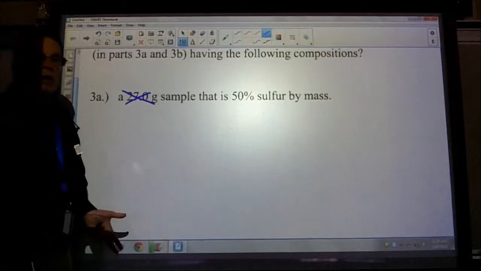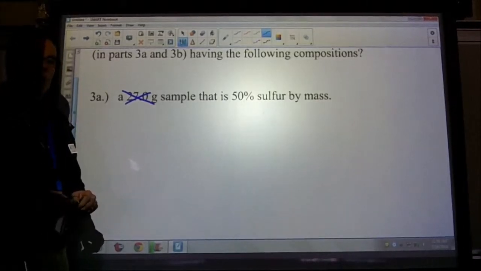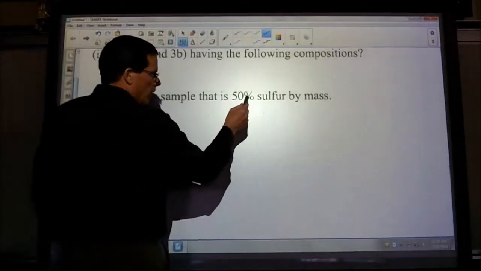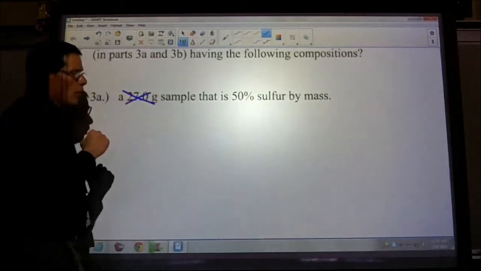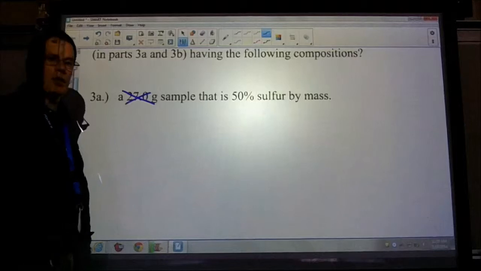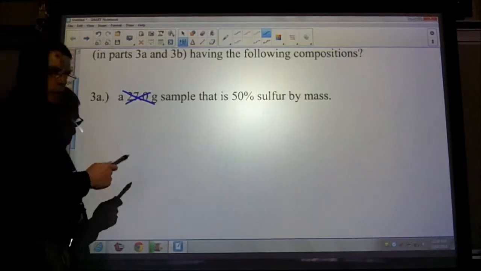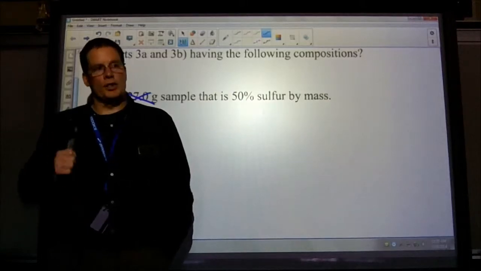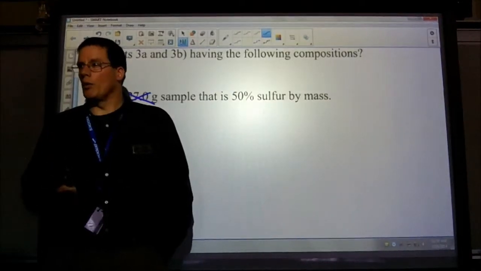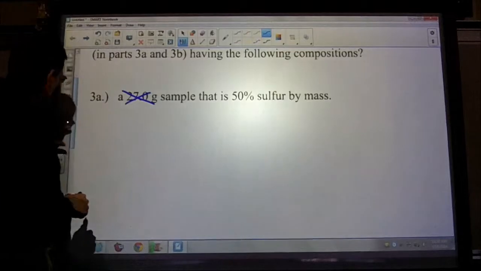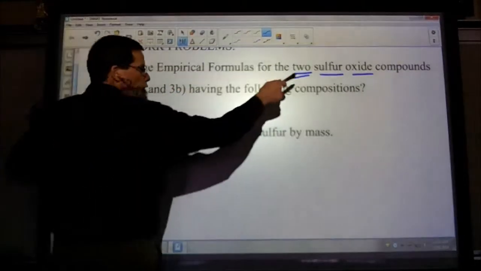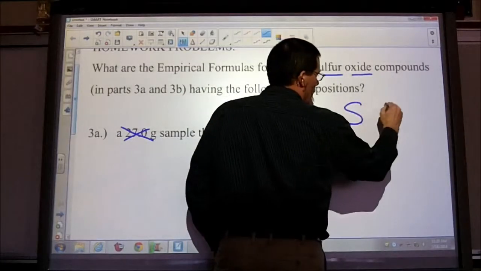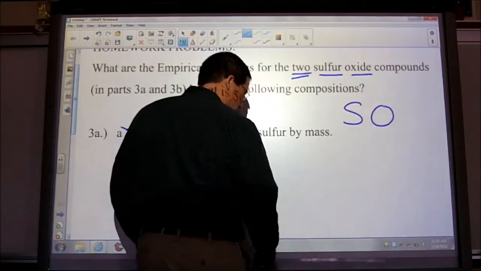We can work that out and find out that we have the same value, and I'm going to do that actually. But a lot of us are freaking out going, well, there's only 50% sulfur. What's the other thing? And how much is it? Remember that when you're working with percentages, you're working with a 100% sample of whatever it is that you're working with. And if the question says that you have this sulfur oxide, that means that you're looking at a compound that contains sulfur and oxygen.